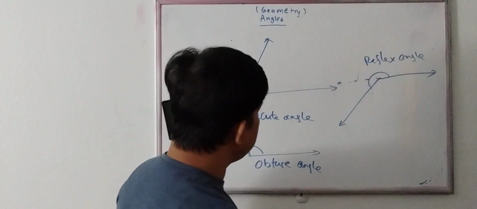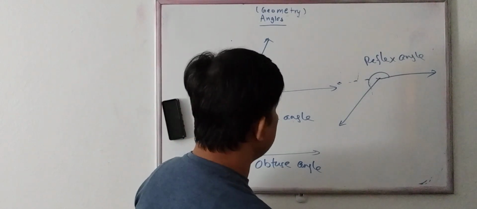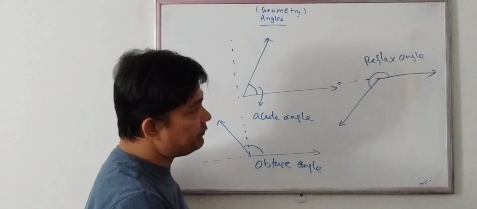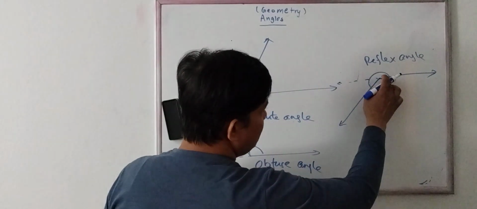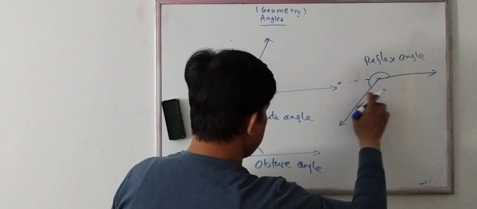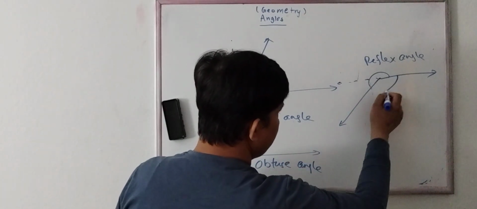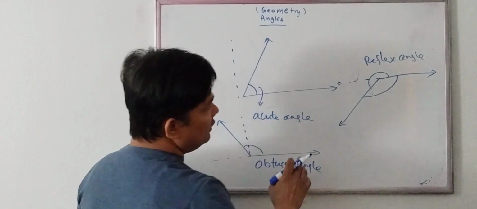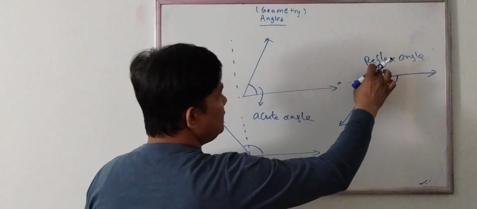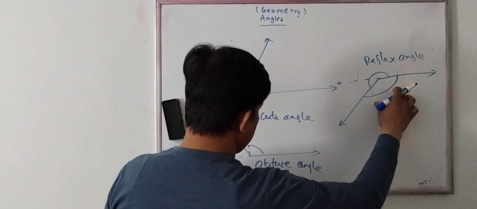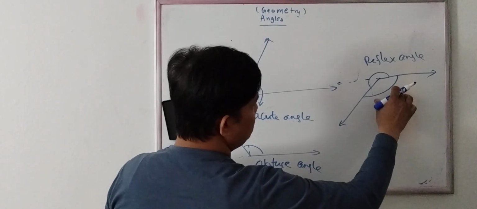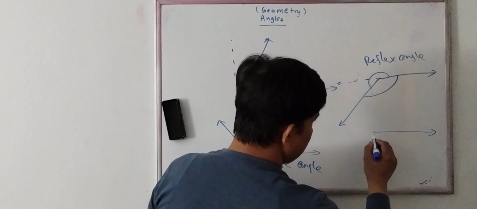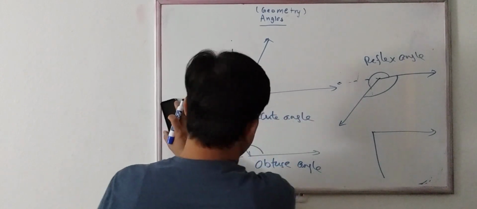Now do you see a relationship between reflex angle and obtuse angle? So see, this one is greater than 180 degree, so the other angle will be less than 180 degree but greater than 90 degree. So if this is reflex angle, this will be obtuse angle. Okay. And another example, let's say here.